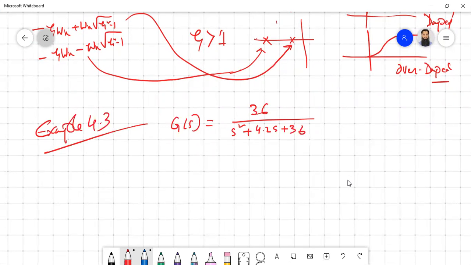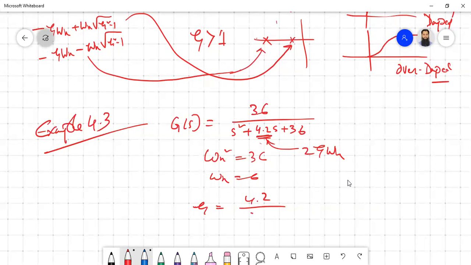Definitely very simple. Omega n square is 36, so omega n is 6. What about zeta? This parameter here is actually twice zeta omega n, isn't it? So twice zeta omega n equal to 4.2. So zeta will be 4.2 divided by twice omega n. So 4.2 divided by 2 into 6 will be approximately 0.36.